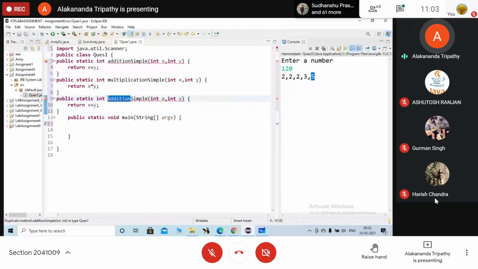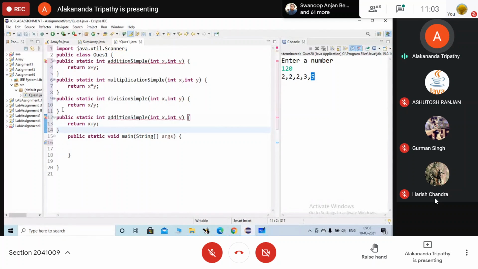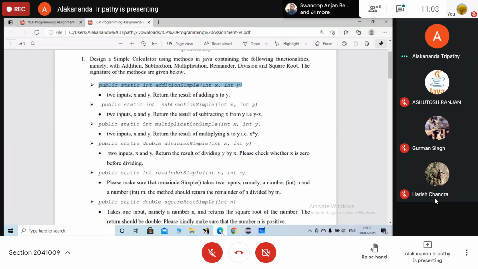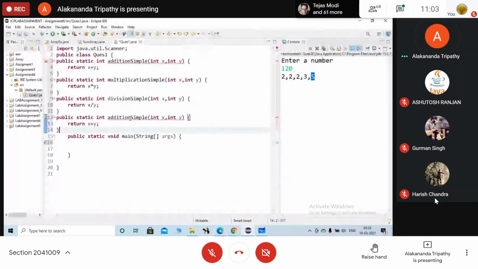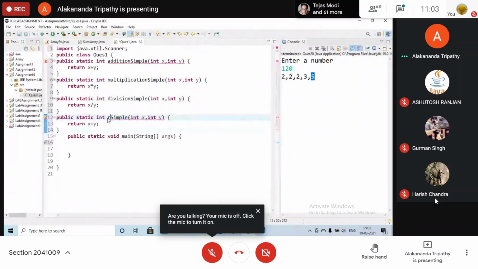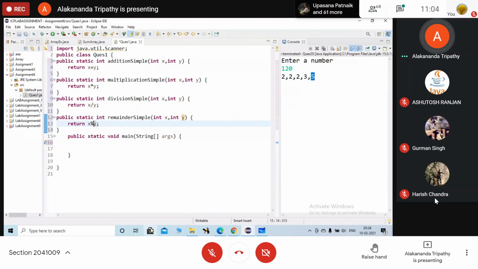Division. So what will be the rule for division? X divided by y. Then what will be the next method? Remainder. Return x mod y. Over.